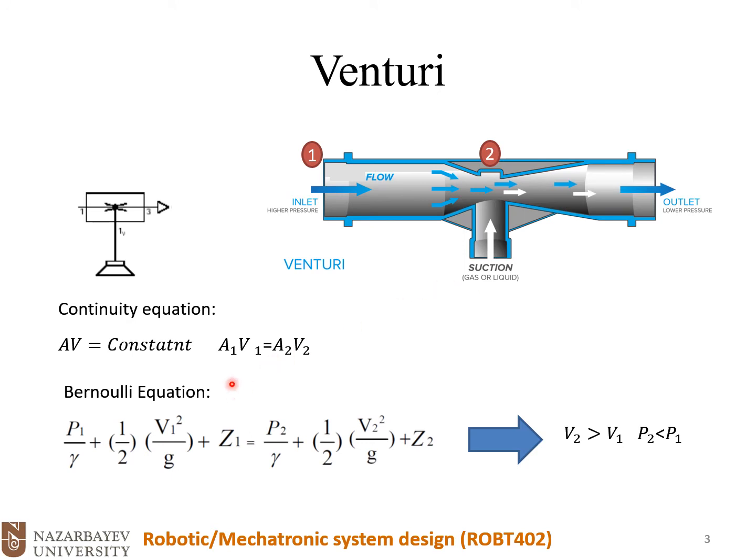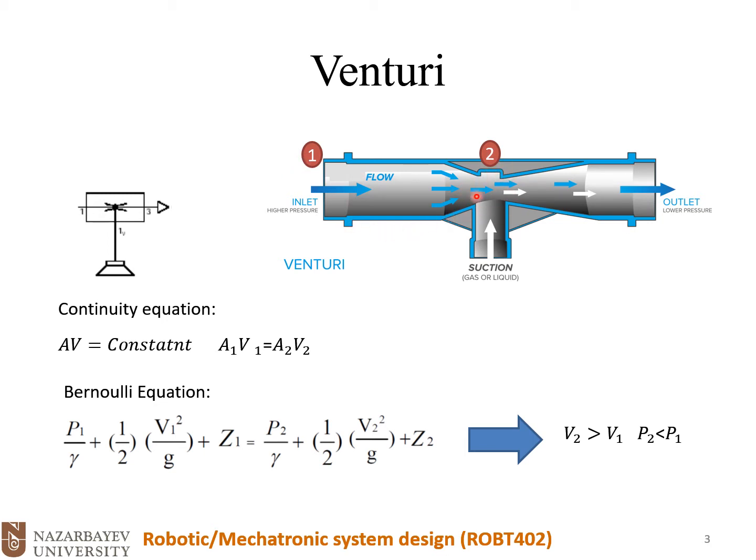Okay, so how could we create vacuum in pneumatic systems? A very common practice is to use a Venturi. This is a cross section of a Venturi. At the inlet, we have a fixed or constant cross-sectional area.